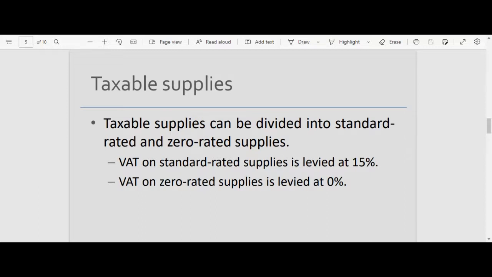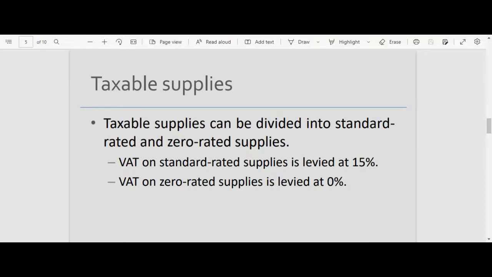The exclusive amount is 100 rand. Exclusive amount, this is what belongs to me as a business. I'm going to charge my customer 100 rand, which belongs to me. How much must I add that is not going to belong to me, that belongs to the revenue service? 15 rands.